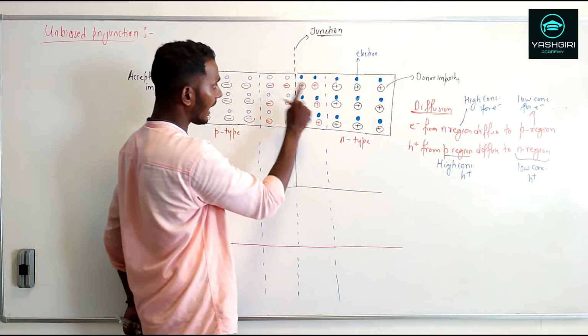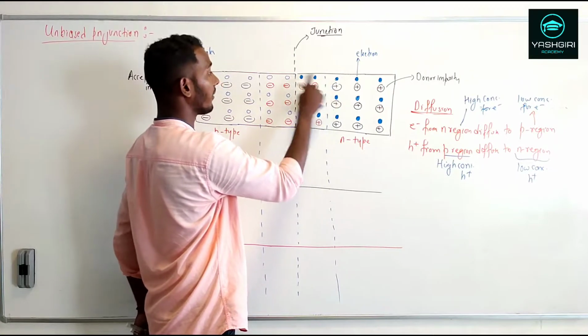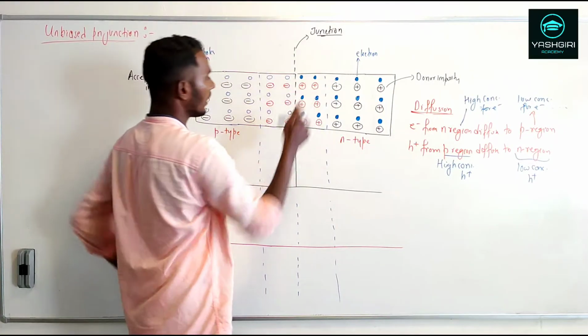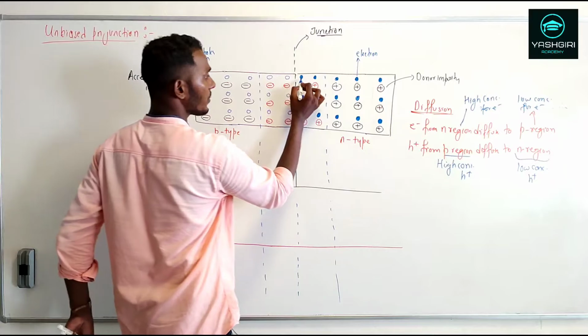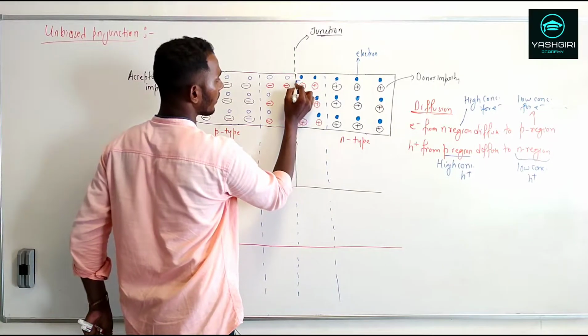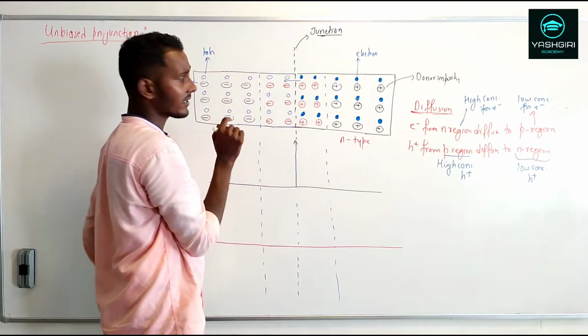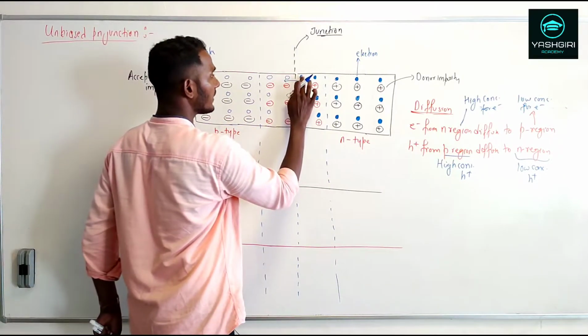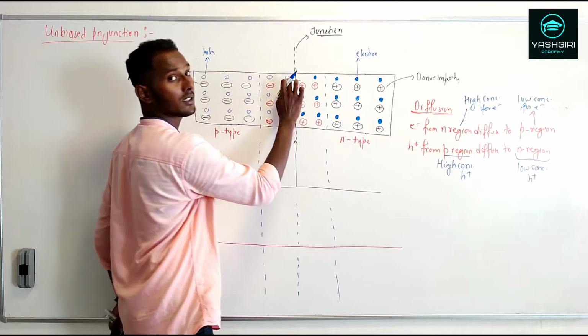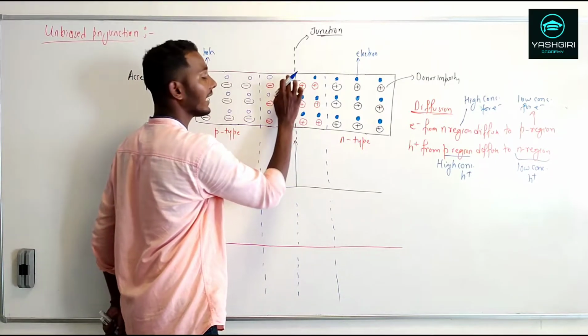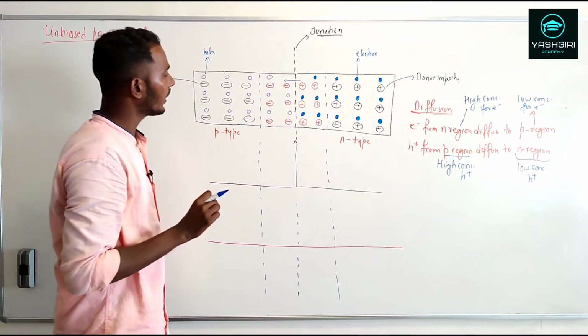So when this happens, this electron will recombine with this hole. Now here you see that this is your electron. The electron is moving from the n region to the p region. Now there is a vacancy over here, that's a hole. So this electron will recombine with this hole, and thereby it will get neutralized. All right?